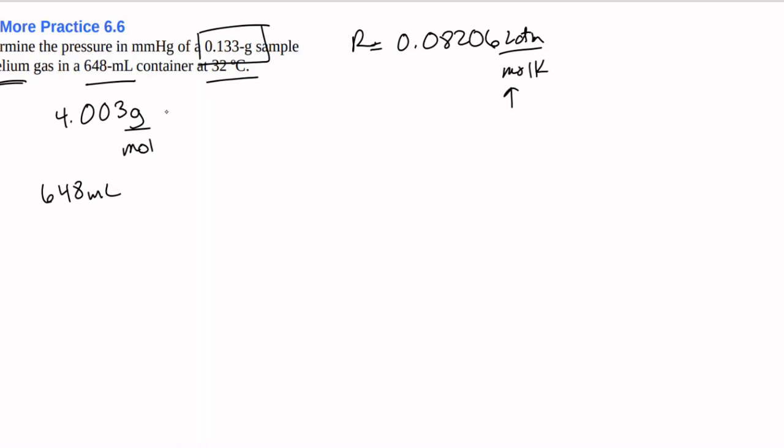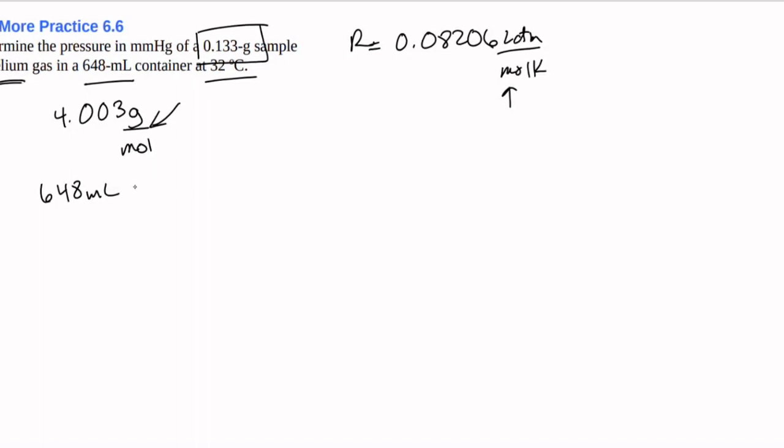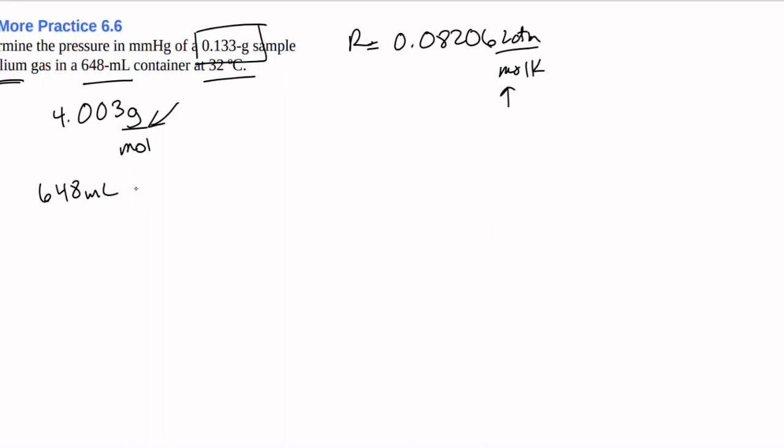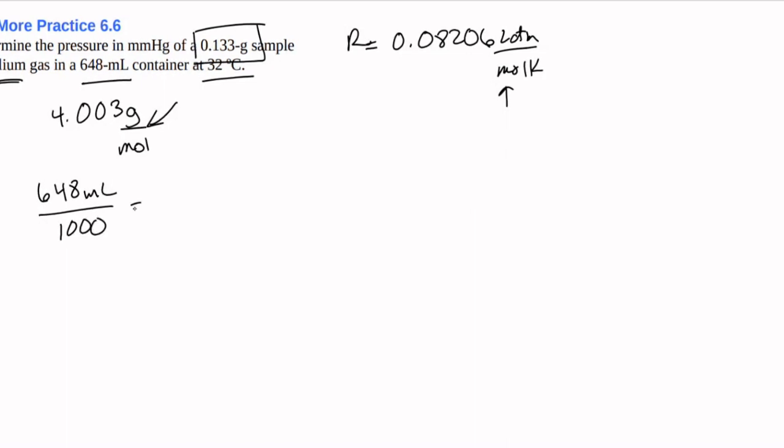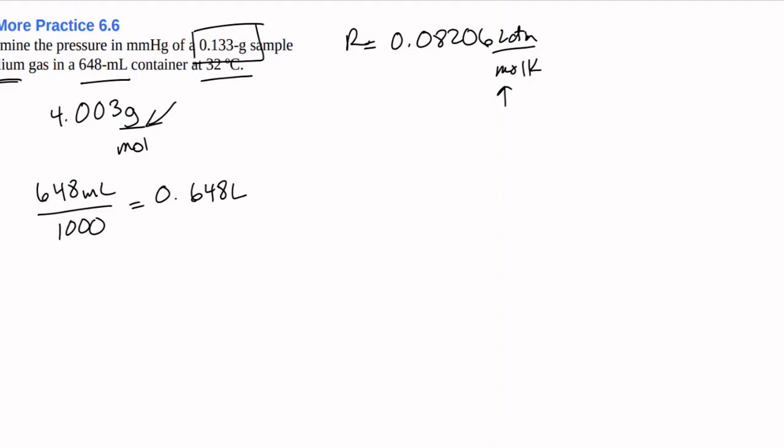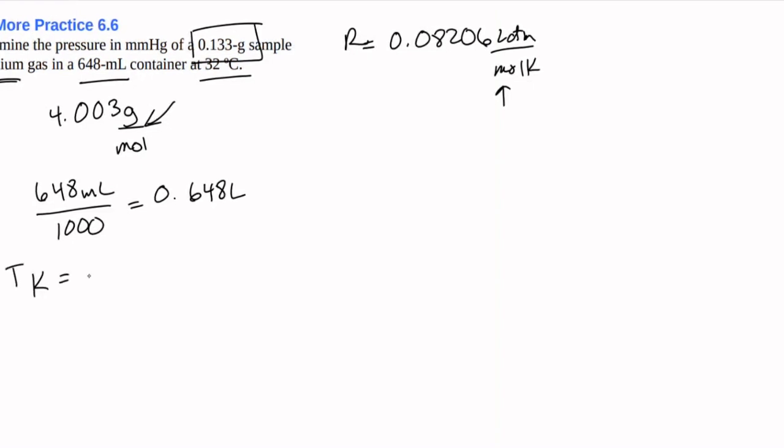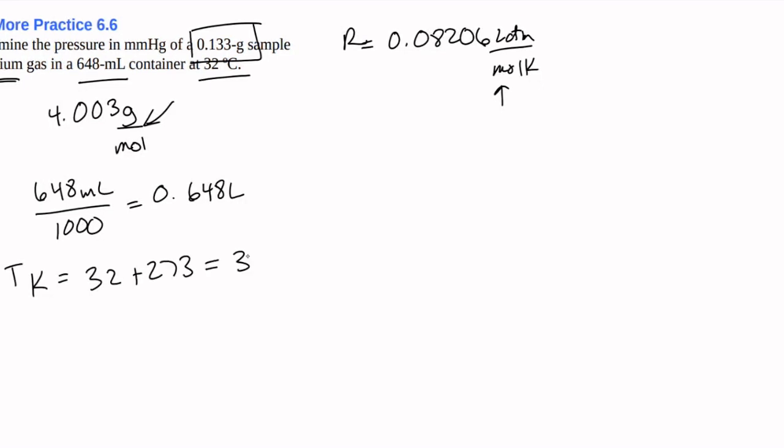648 milliliters. And where did I get this number? I got it from the periodic table. 648 milliliters, and if we just divide by 1,000, we'll get liters. So divided by 1,000 is 0.648 liters. And the temperature in Kelvin is equal to 32 plus 273 is equal to 305 Kelvin.